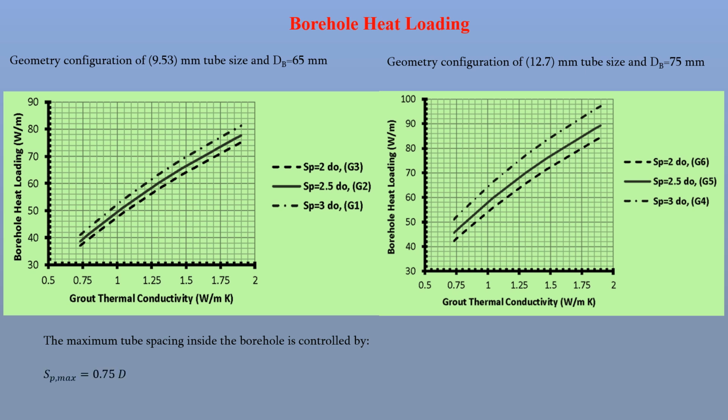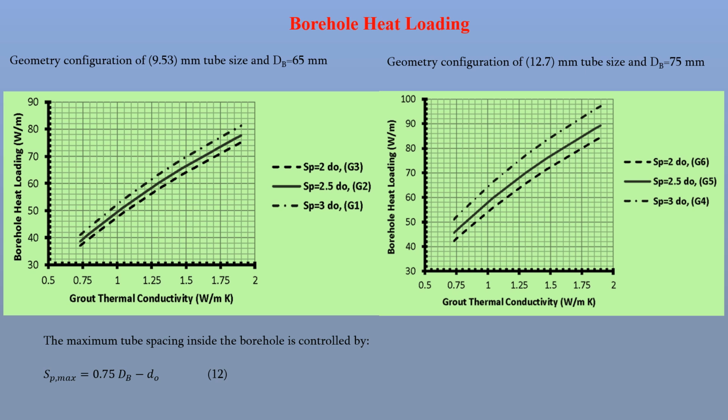We have the maximum tube spacing inside the borehole, SP max, equal to 0.75 (D sub B minus D naught), and this equation should be used as a general guide when you select the tube spacing, because if you choose high values of tube spacing, you may situate the tubes close to the outer surface of the borehole.